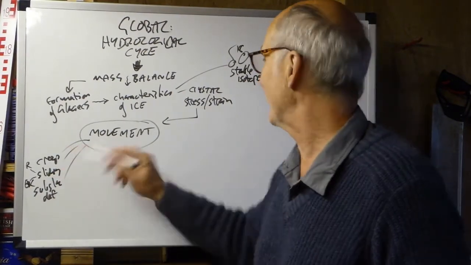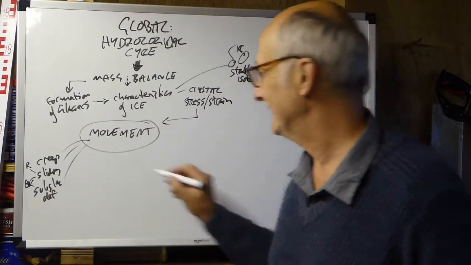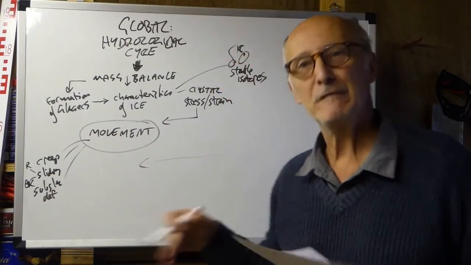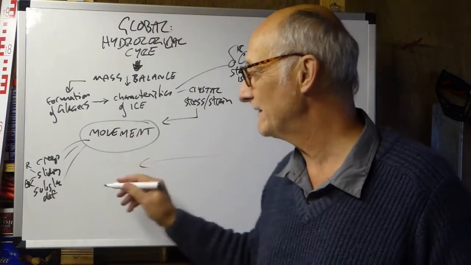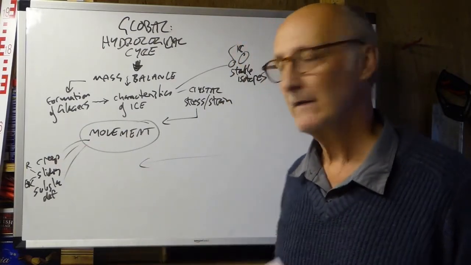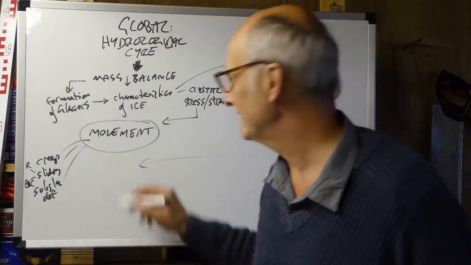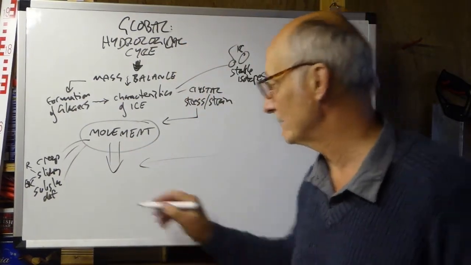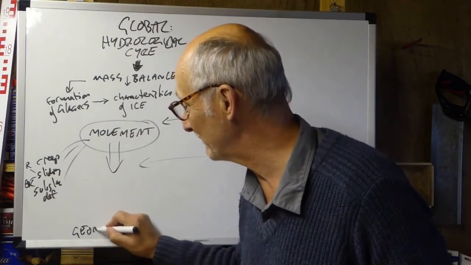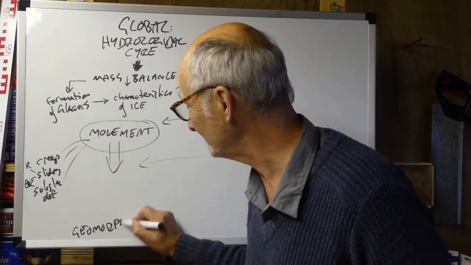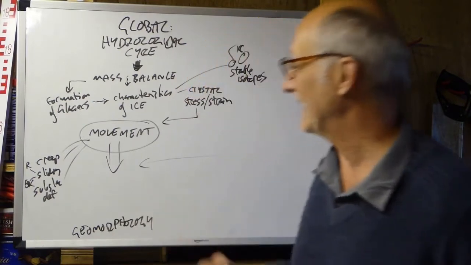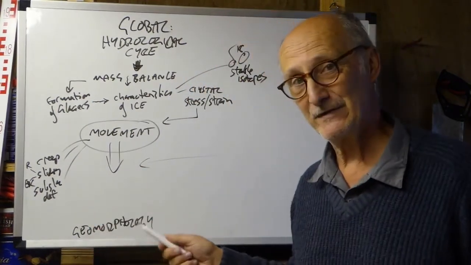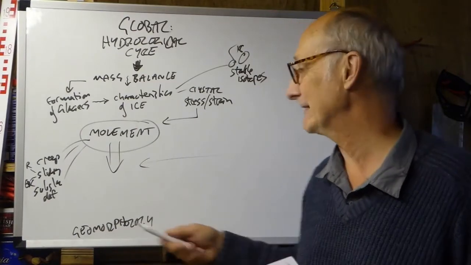Now, looking at those mechanisms and thinking about motion raised for us a number of issues that we need to look at in more detail, because they are the issues that control those movement processes. And I said earlier on that movement is going to become a really important theme in this module as we head down the module, towards the final part where we're talking about geomorphology, glacial landforms and landscapes.